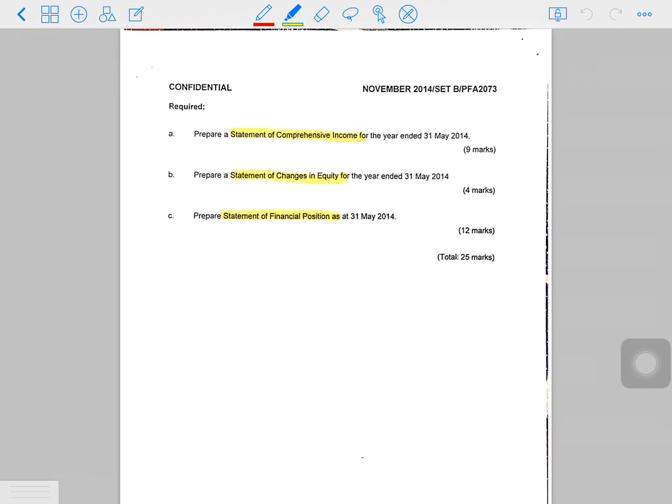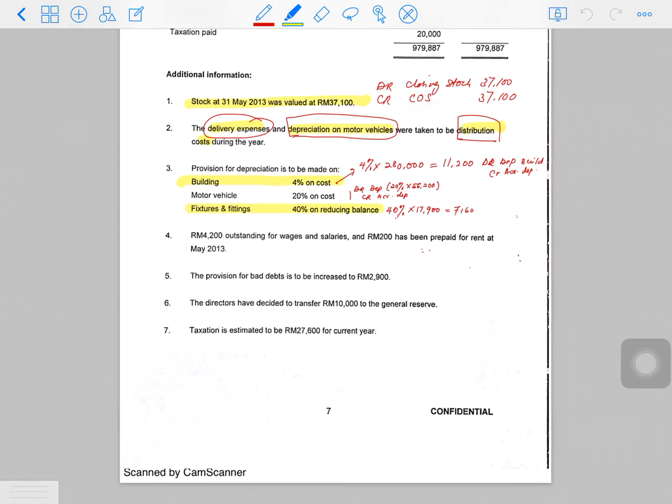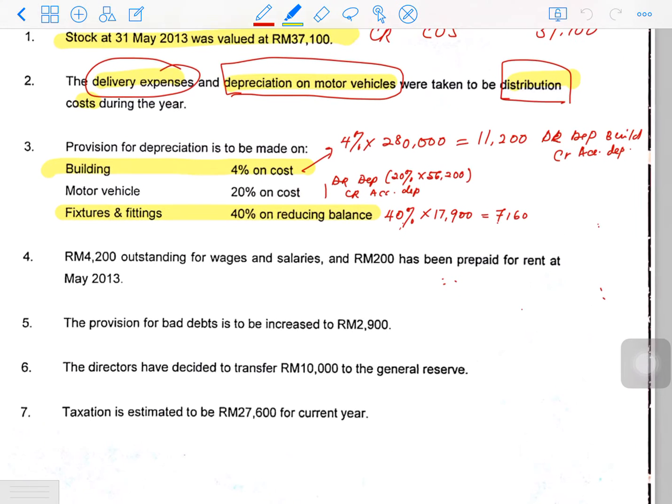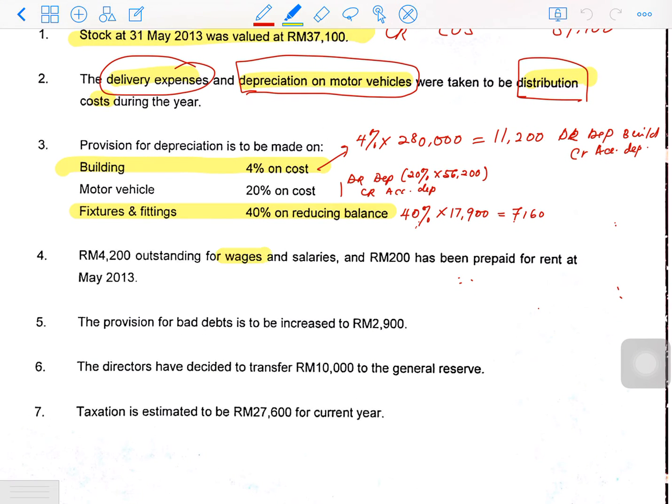Okay, depreciation of non-current asset. Now we look at additional information number 4 with regard to wages and salaries. 4,200 for wages and salaries, and 200 has been prepaid for rent.